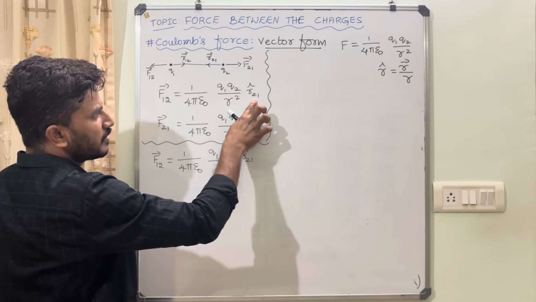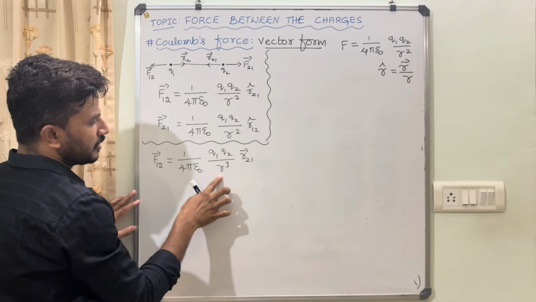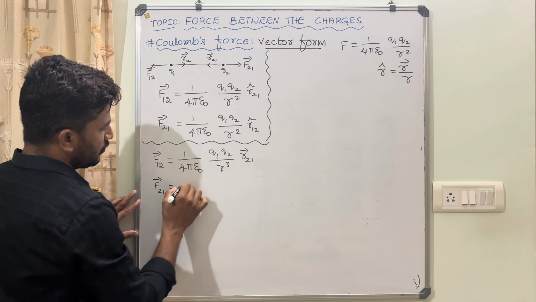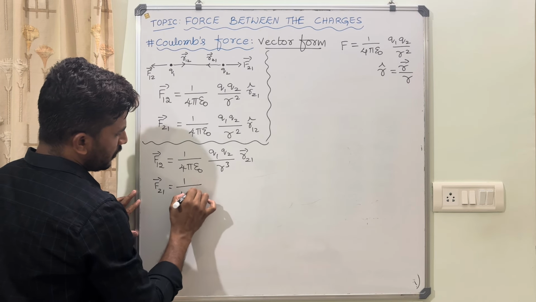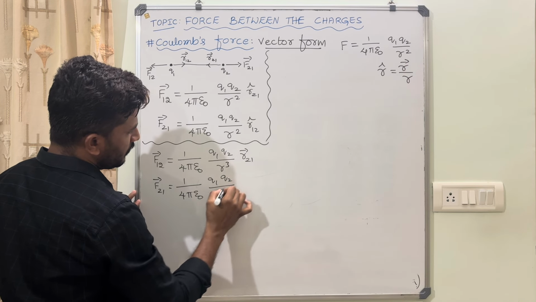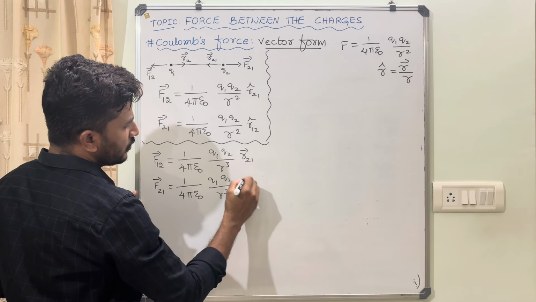When you write the unit vector, no problem. When you write the normal vector, you have to write r cube here. Similarly, F21 is equal to 1 over 4 pi epsilon naught q1 q2 divided by r cube in the direction of r12.